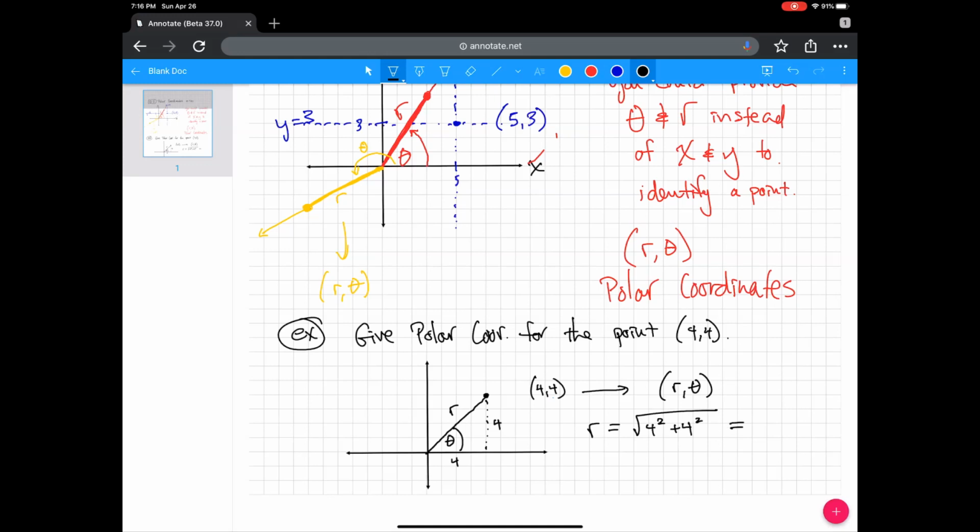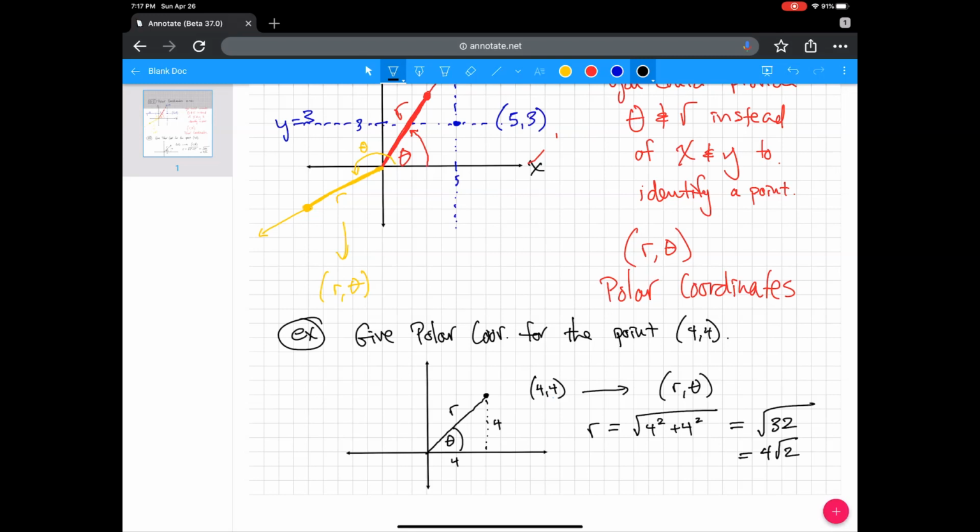So let me write that out. That's the square root of 32. And there's a 16 in there, so that becomes 4 times the square root of 2. So that's the r value.